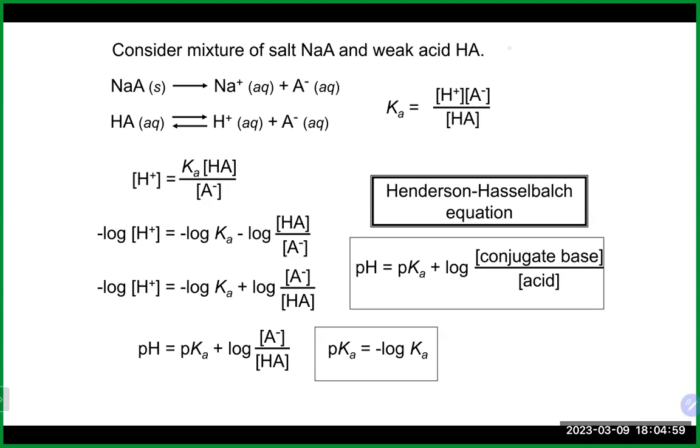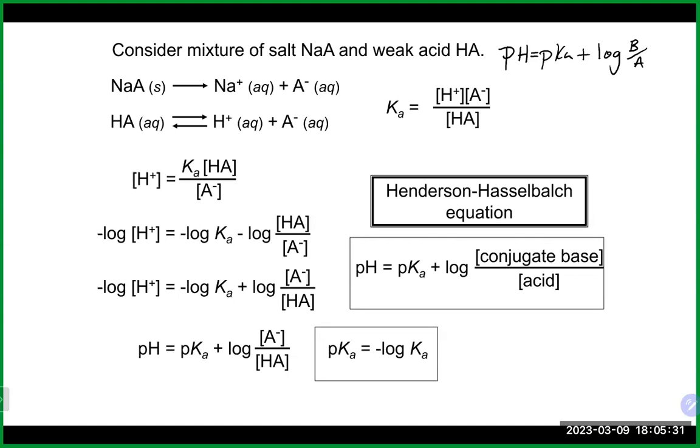So if you have a common ion problem, which is really a buffer problem in most cases, you could use this equation in place of doing the ICE table. And you can just use the initial concentrations and go in there. Couple important things. pKa value is solved by taking minus the log of the Ka value. So a pKa value, you can do minus the log of the Ka value.